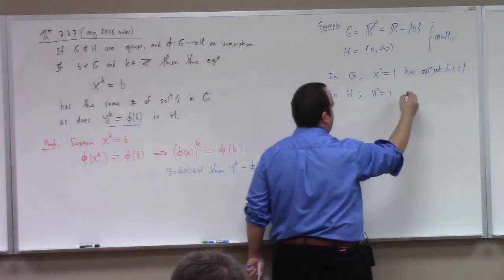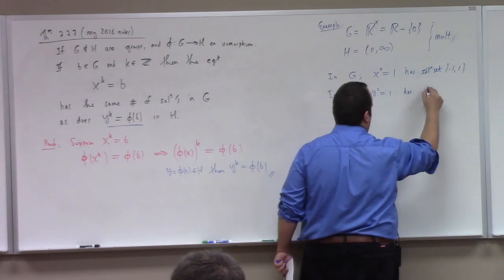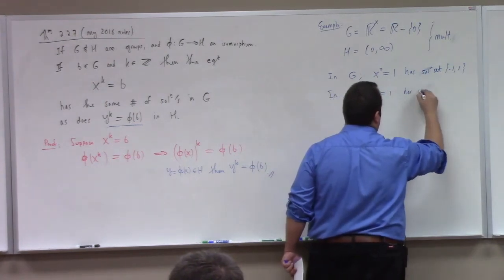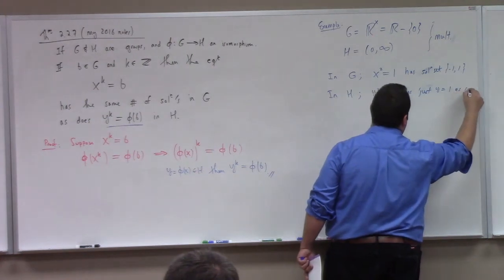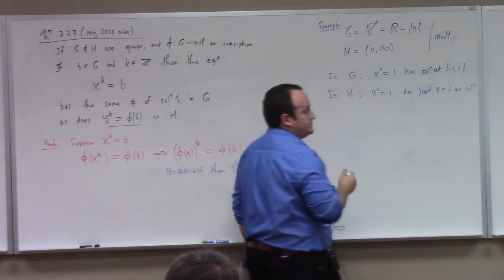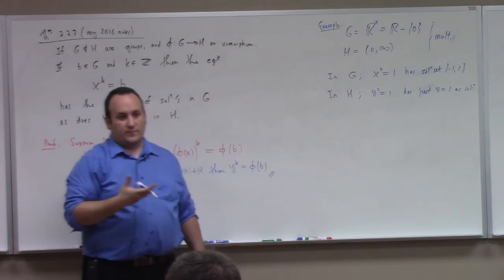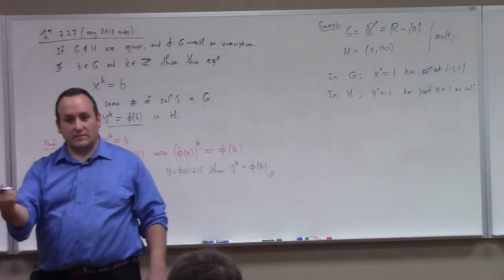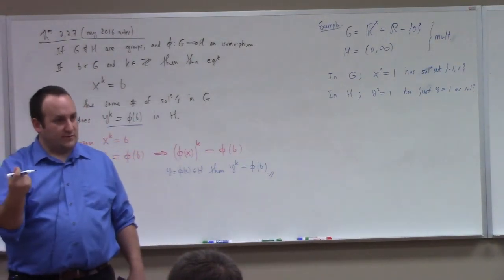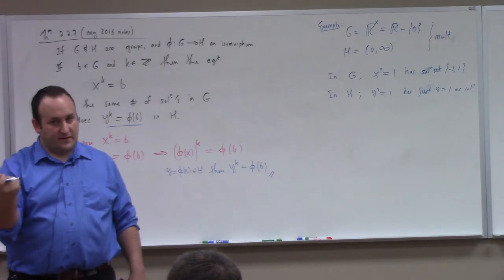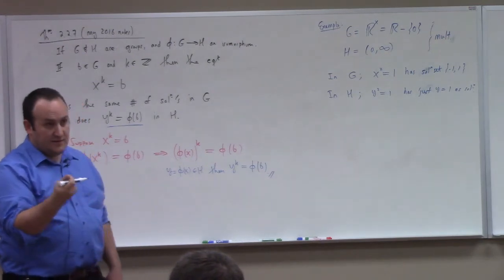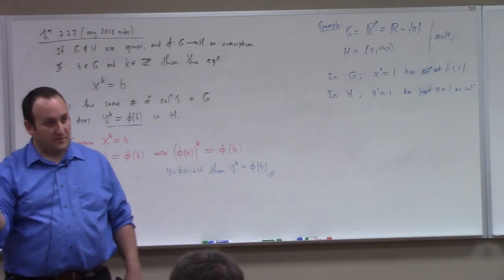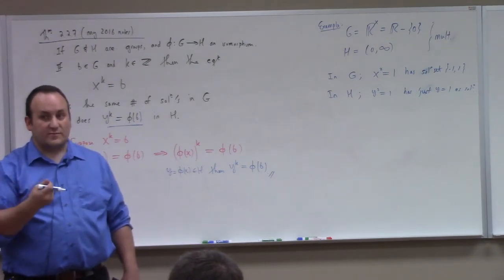This one has solution set just y equals 1. So the equation x squared equals 1 has a different number of solutions for the non-zero multiplicative real numbers and for the positive real numbers. Therefore, these are not isomorphic as groups.